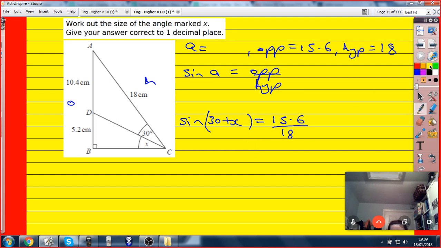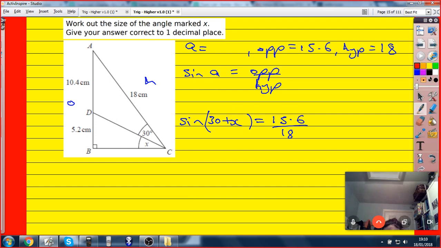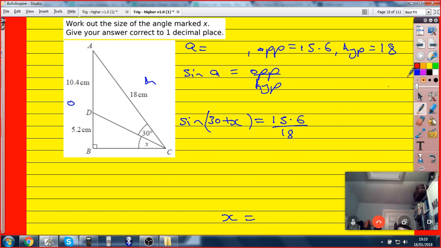Okay, what's next? So would you do sine, then you would put 30 plus X? No. You can't put x into your calculator. What we're aiming towards is x equals and then a number.